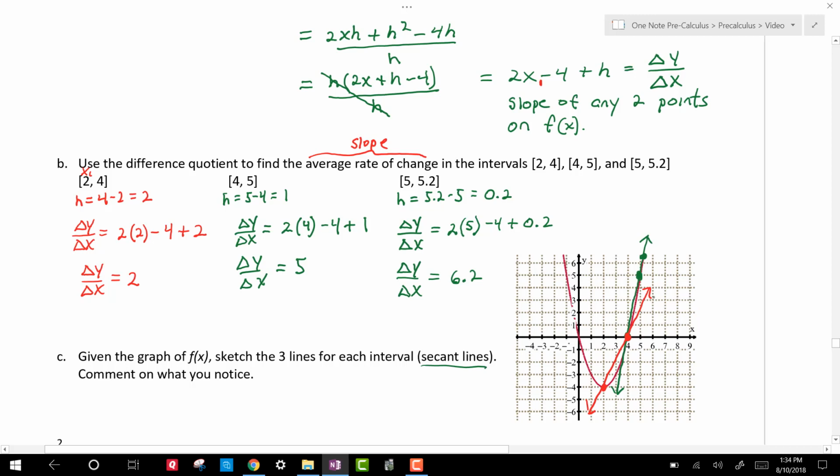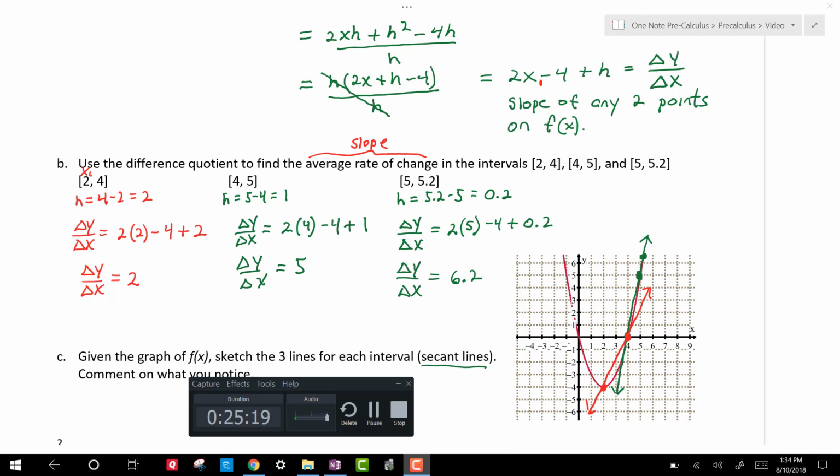So that secant line is intersecting the curve down here at the bottom and up here at the red point with a slope of 2, and then the green points are intersecting with a slope of 5, and then my next 2 points would be intersecting with a slope of 6.2. So you can see that as I move up the curve, the slope of the secant lines gets much steeper. All right, I think we got it there.